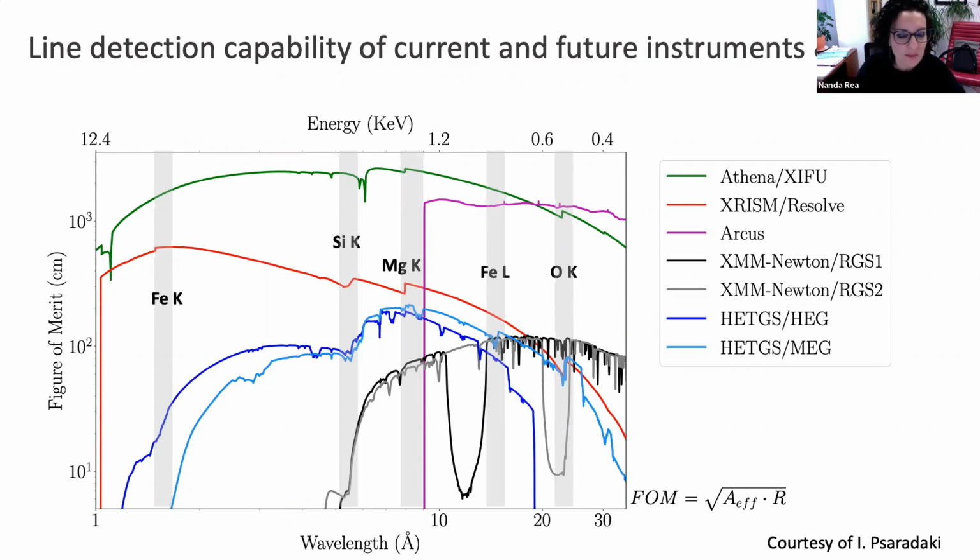Maybe you said it, but I didn't get it exactly: how is X-ray spectroscopy unique in this? What can you do about this problem with X-ray spectroscopy that you wouldn't be able to do in the millimeter or in the infrared, in other bands?